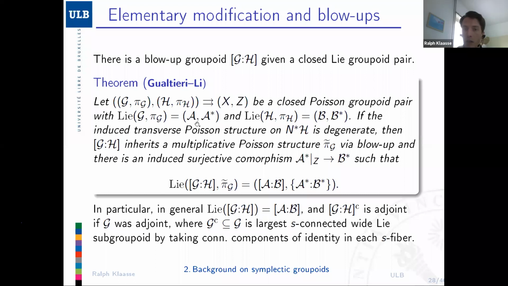And then this theorem that I'm quoting here is saying that this can also be done in the Poisson context. So if you have a Poisson groupoid and a Poisson subgroupoid, which is closed, and the Lie bialgebroids, so not algebroids, but bialgebroids, are given by A and A star, B and B star, then if it can be blown up, that is this condition that I'm writing here, then it can be blown up in a Poisson manner, and you in fact get everything you want.